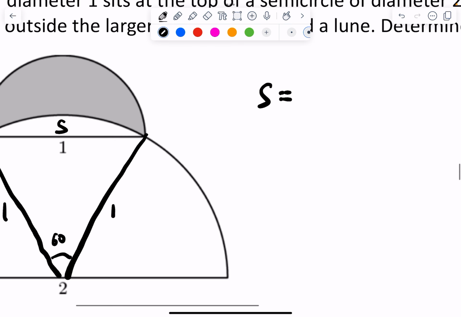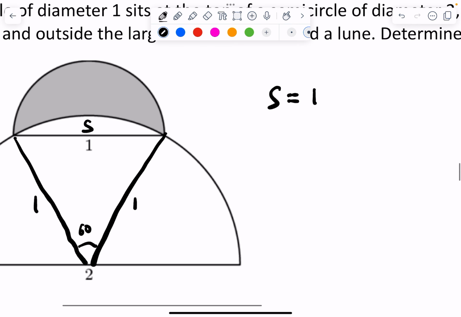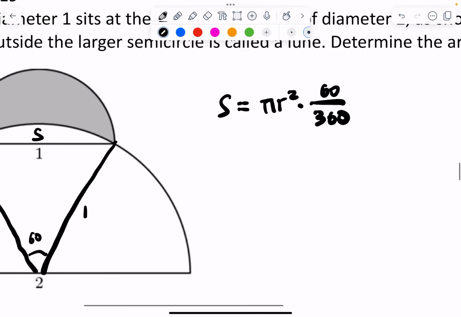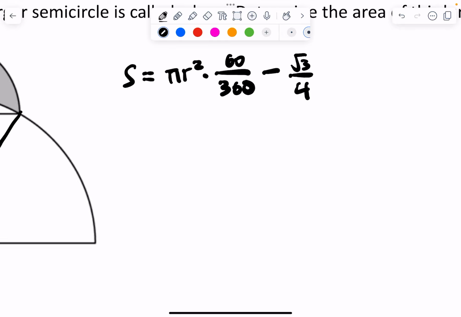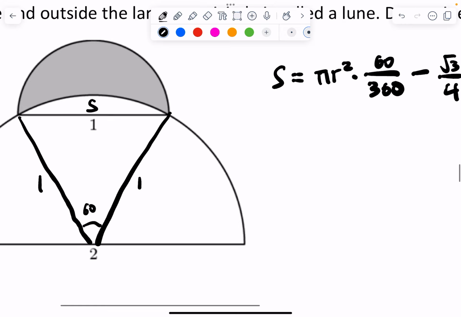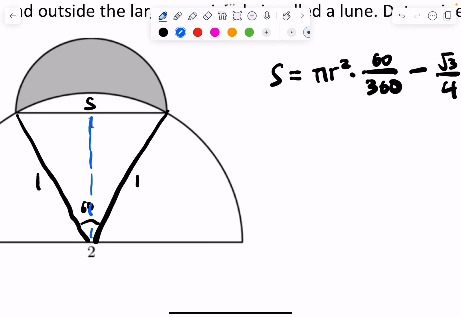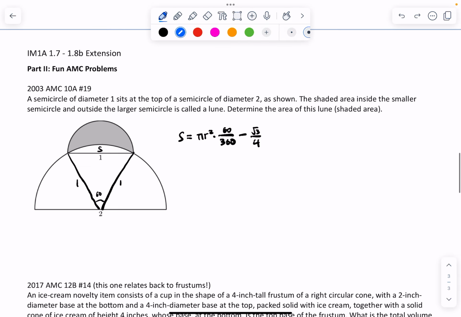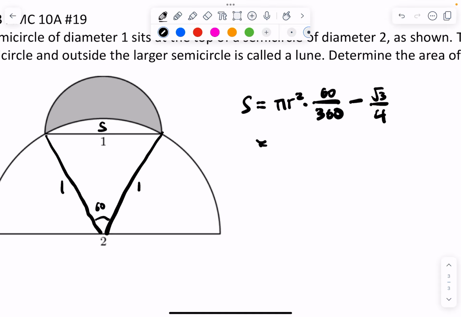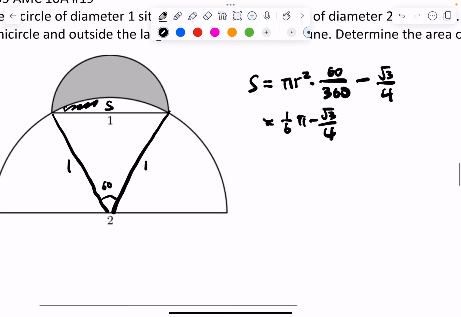So the area of S is equal to the sector area, which is pi r squared times 60 over 360, subtracted by the area of the equilateral triangle, which is root 3 over 4. Now, if you don't know where root 3 over 4 came from, we just drop a height here, and then you can calculate it that way too. R is 1. So this just becomes 1 over 6 pi minus root 3 over 4. And this is this area.